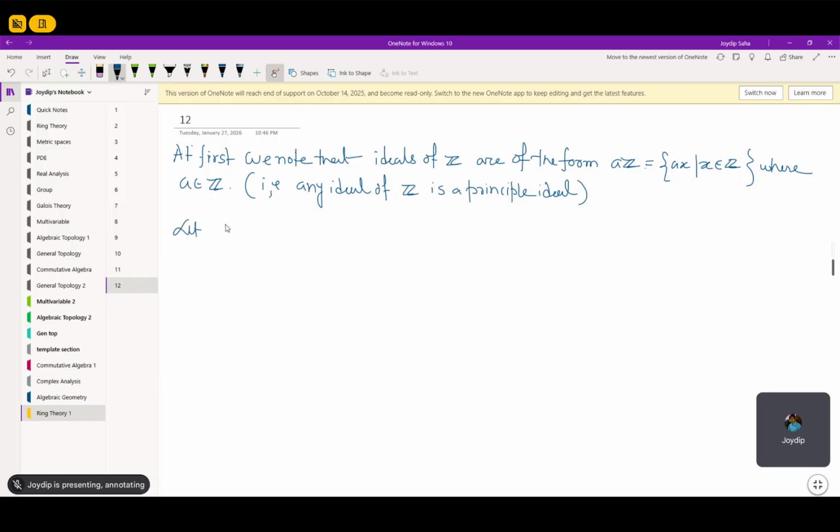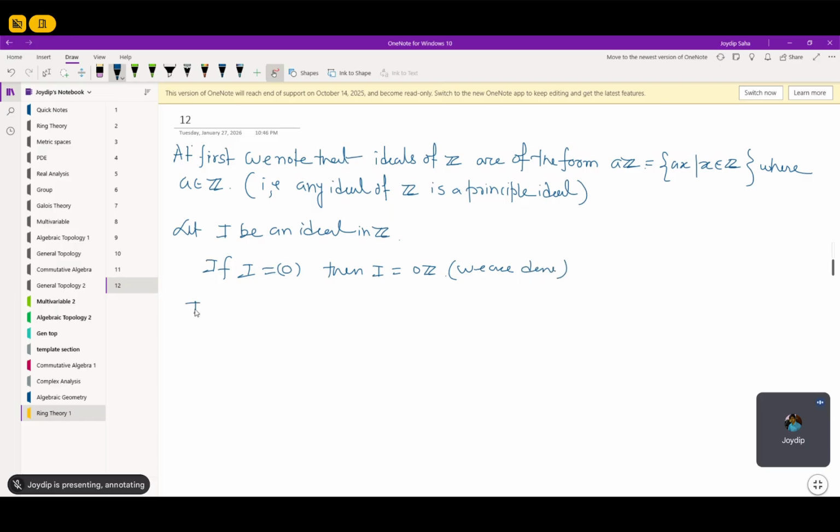Let I be an ideal in Z. If I equals 0, then I equals 0Z. We're done.